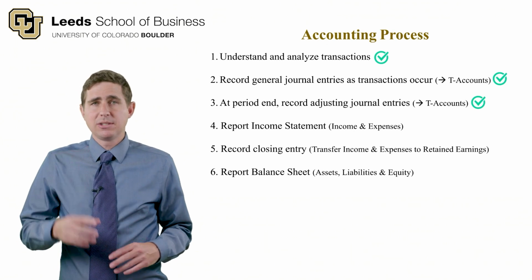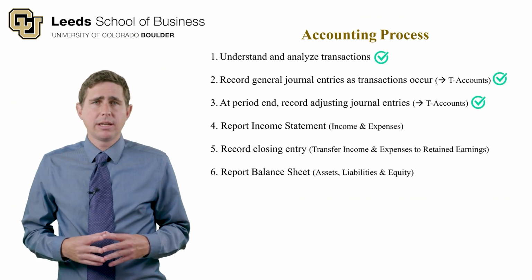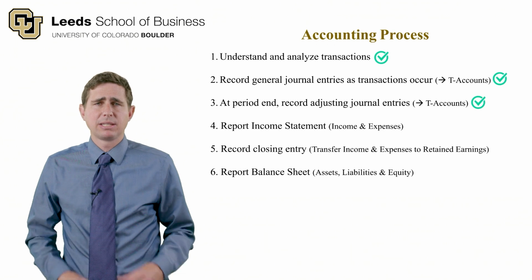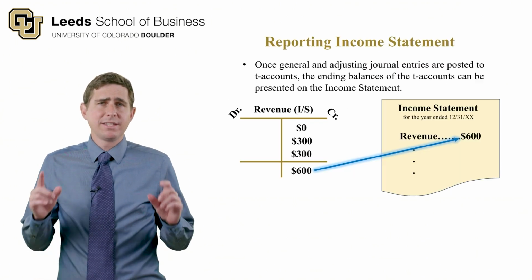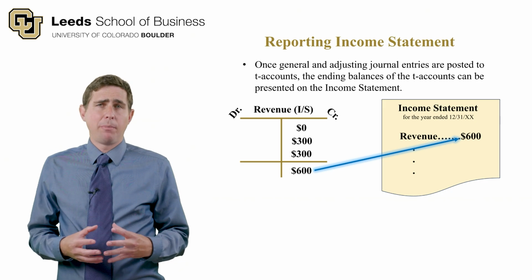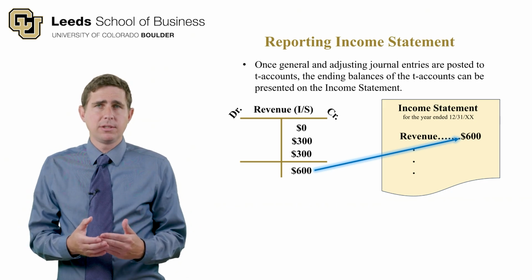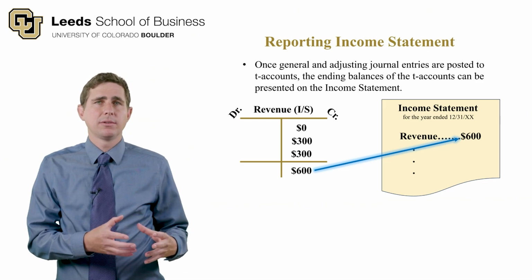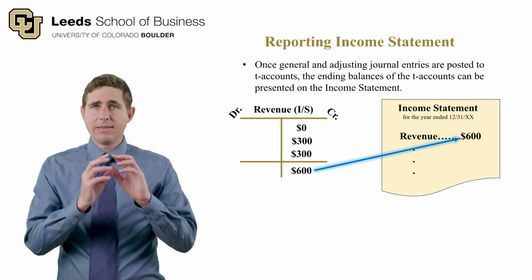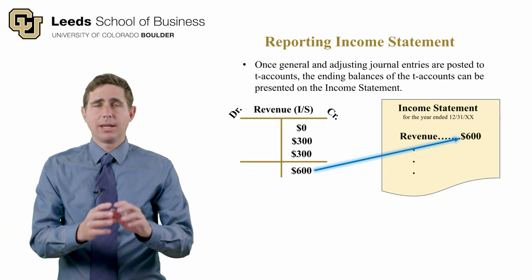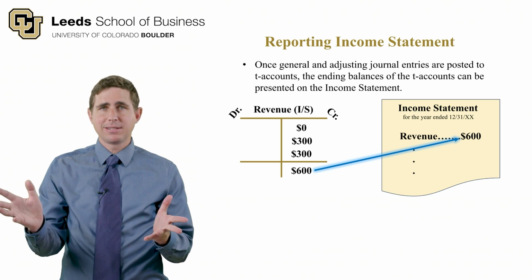The next step is we're ready to actually report our income statement, which is our income and expense accounts. So how do we do that? It's pretty simple. Once the general and adjusting journal entries have been recorded and then posted to the T accounts, now we're pretty much done. The ending balances of those accounts can just be transferred over and placed on the income statement.